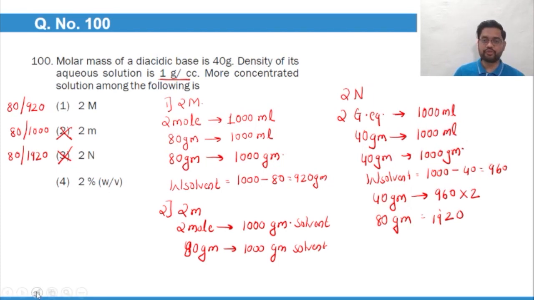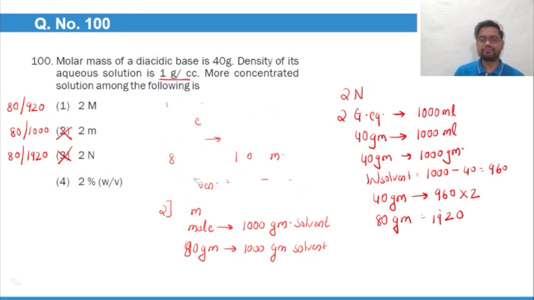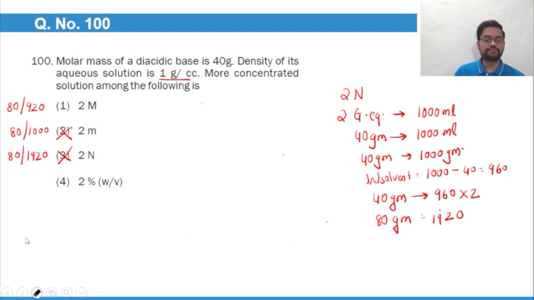Let me just rub out some of the things from here so that I can calculate the fourth one. Coming upon to the last one, that is 2% weight by volume. 2% weight by volume means what? 2 gram present in 100 ml.